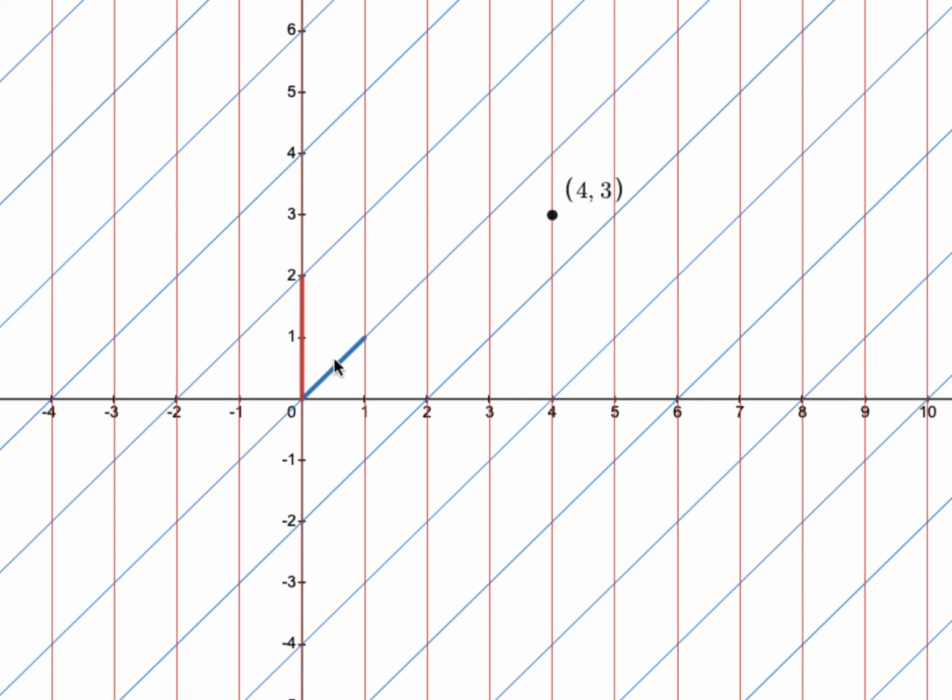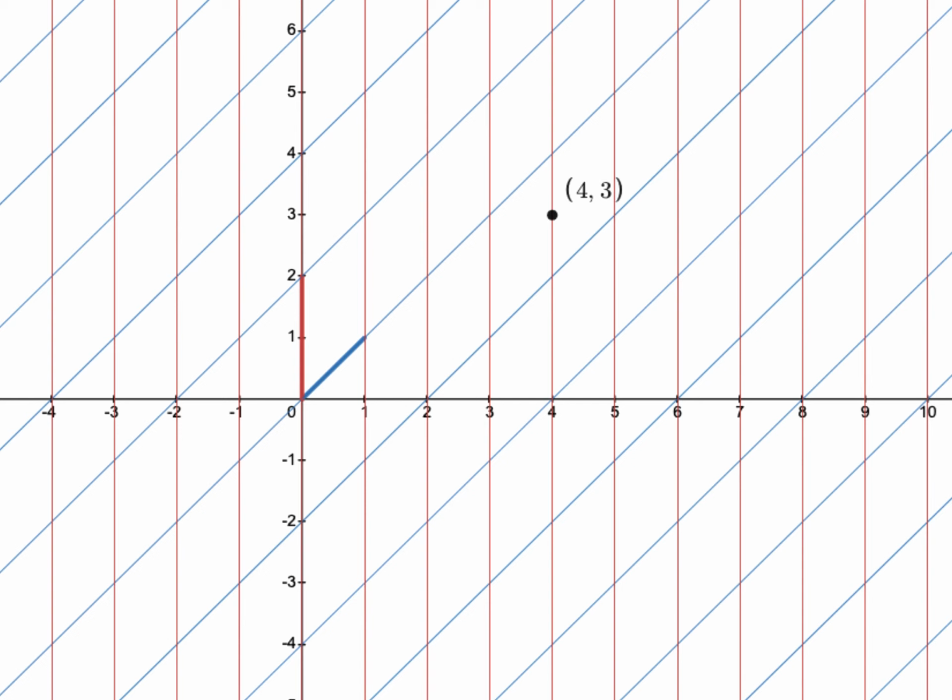And we can see we would need to do 4 copies of the blue to arrive right here. And since vector u2 points up, we need to go negative 1/2 of that vector to arrive at this location. But we create this new skewed grid based off these 2 basis vectors that we are using to describe this location. 4 copies of the blue and then negative 1/2 copy of the red.